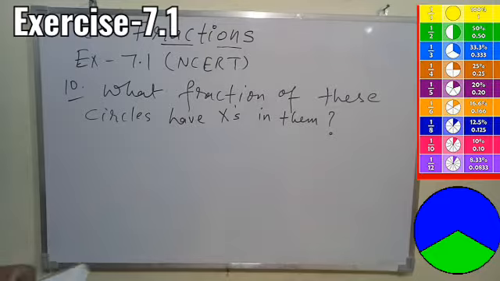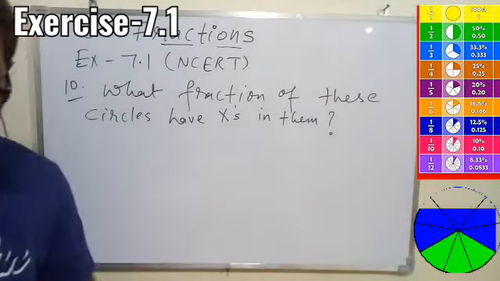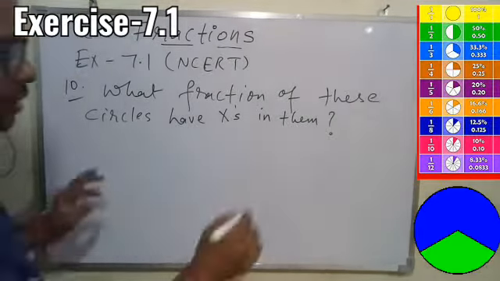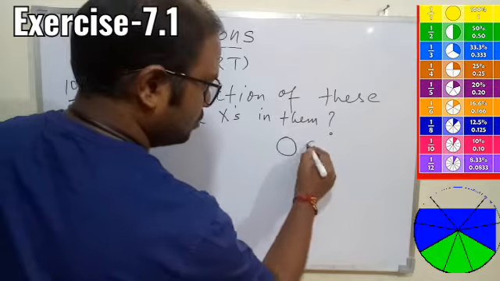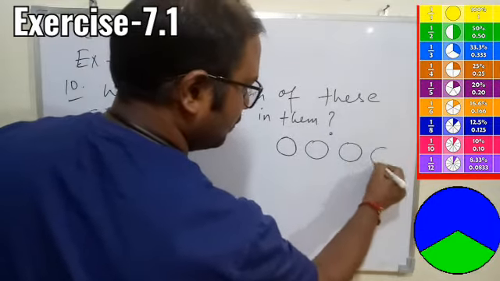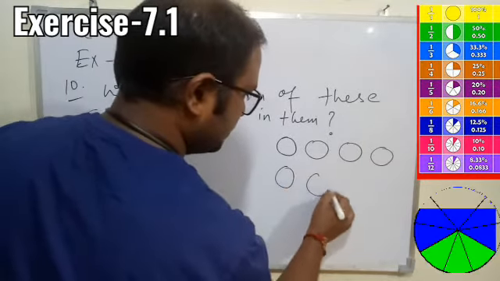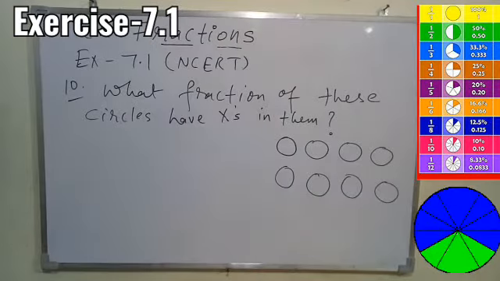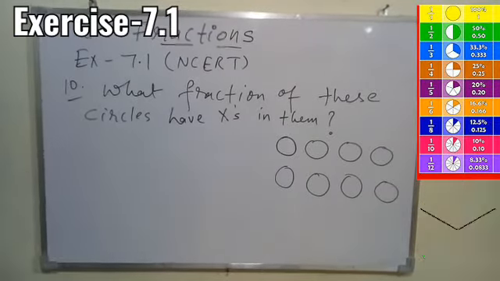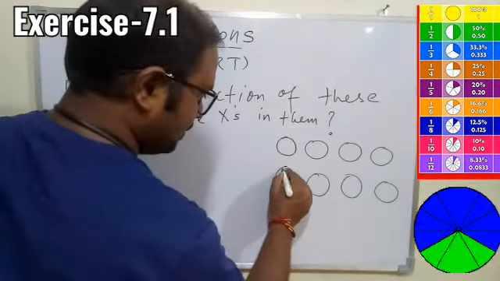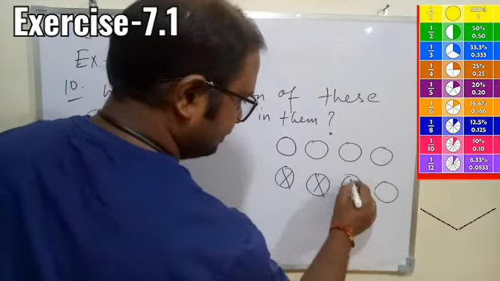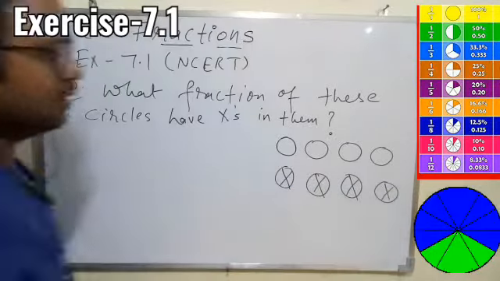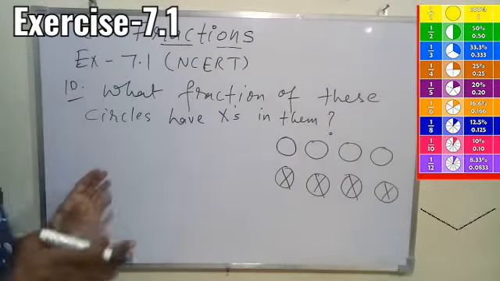In general there are 8 different circles given. So I'm making a rough diagram again: 1, 2, 3, 4, 5, 6, 7, 8, and out of this, in 4 we have crossed, that is x. So this is the question given to you.